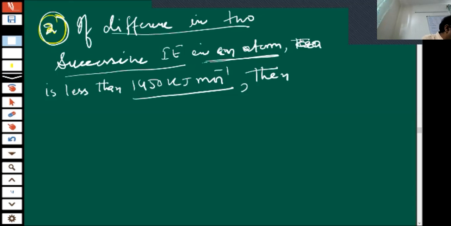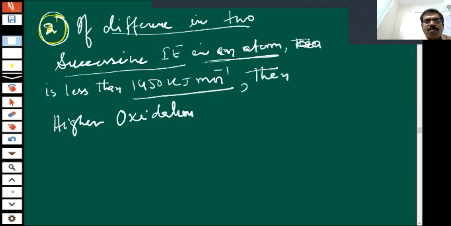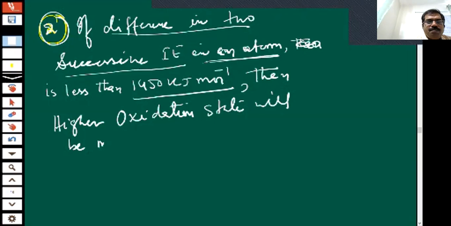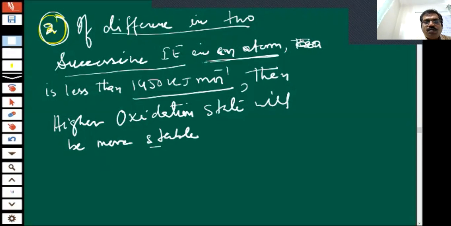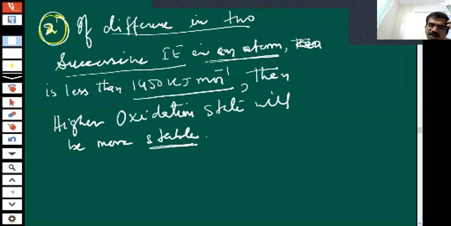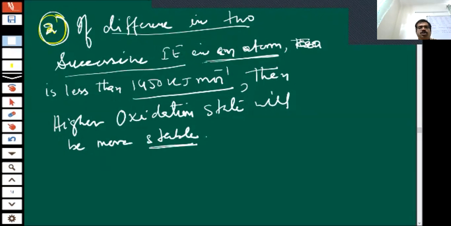higher oxidation state will be more stable.